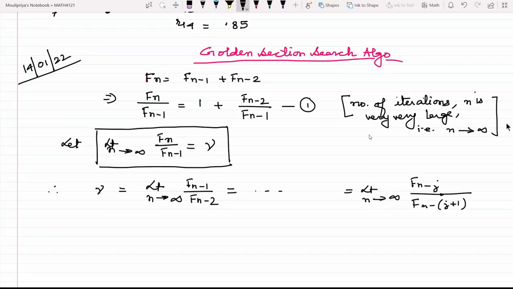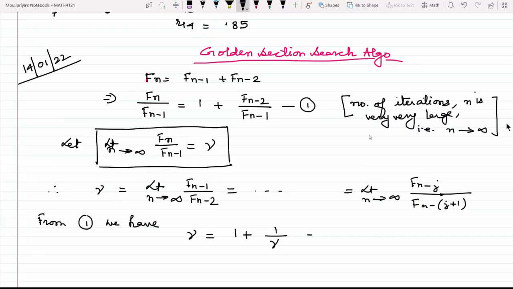If n is very large, then can we write like this? That implies, from 1, gamma equals 1 plus 1 by gamma.